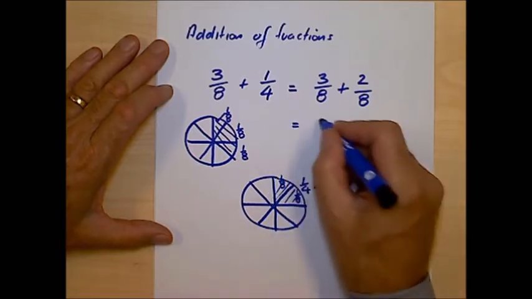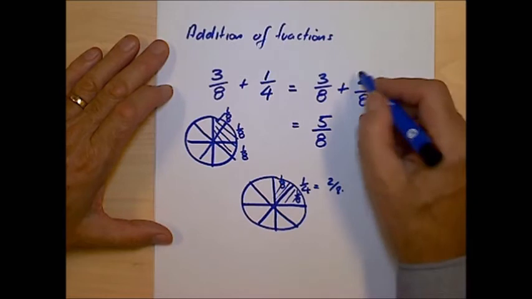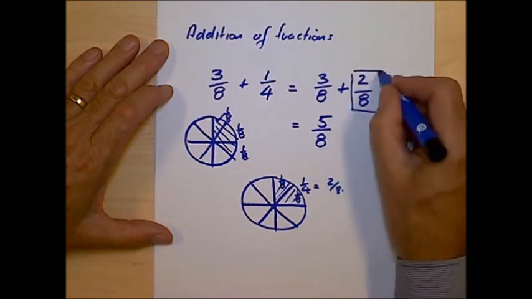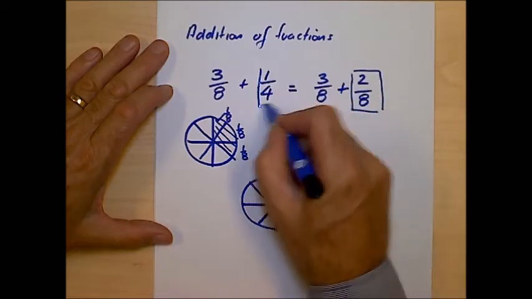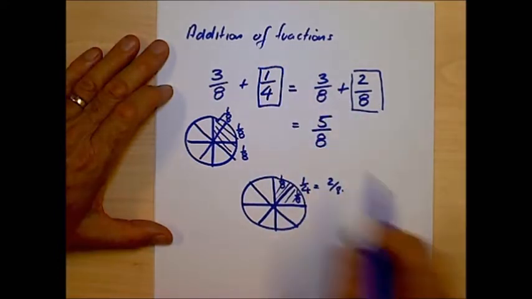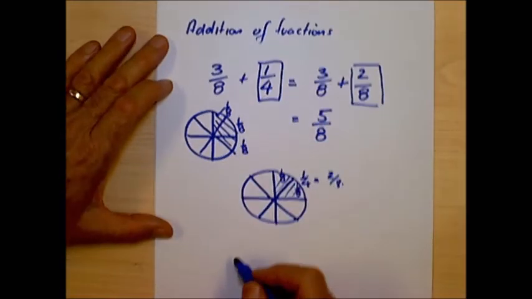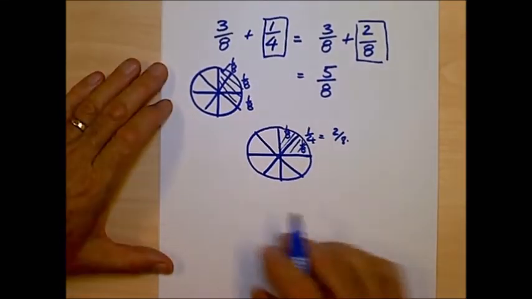And so now we would see that the answer would be equal to 5/8. Now this is the critical step: to understand that the 1/4 and the 2/8 are the same number, they are simply equivalent fractions. And so we don't need to do a diagram for our problems.